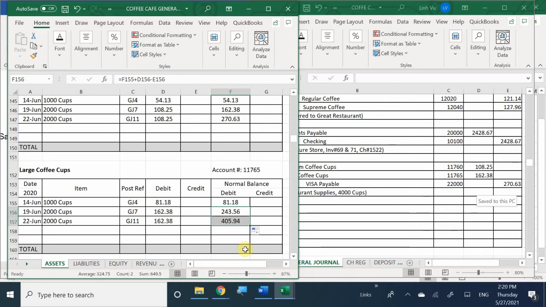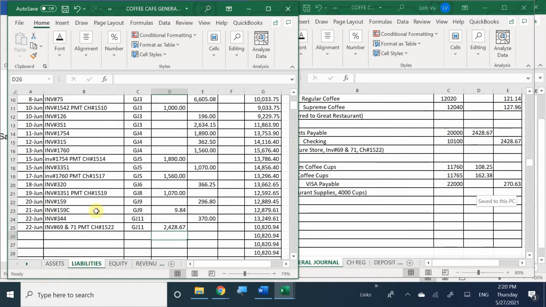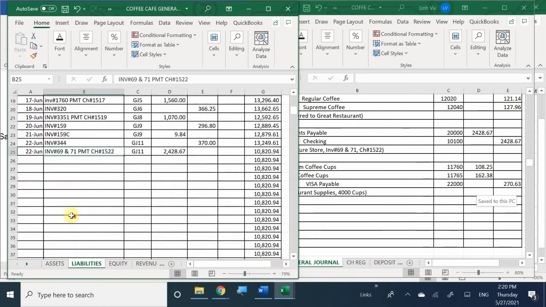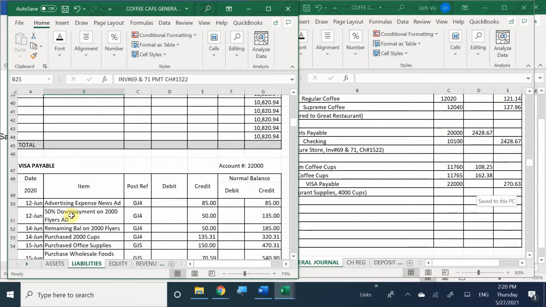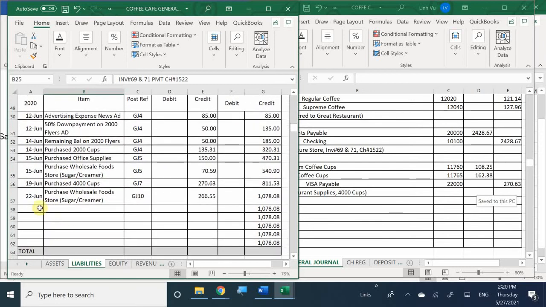Then we want to go to our liabilities for Visa payable. 6/22, restaurant supplies, 4,000 coffee cups.